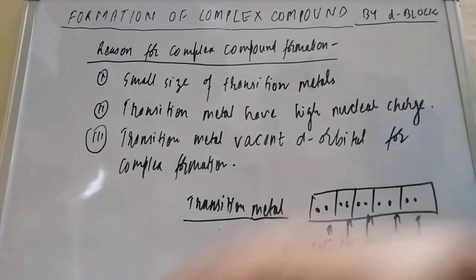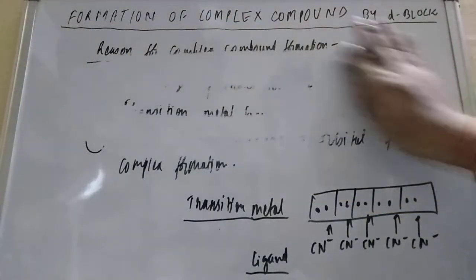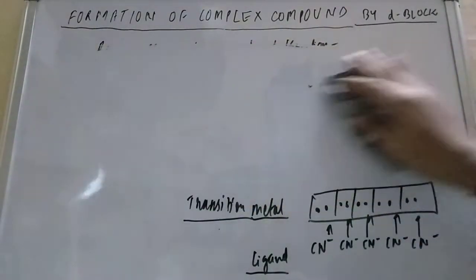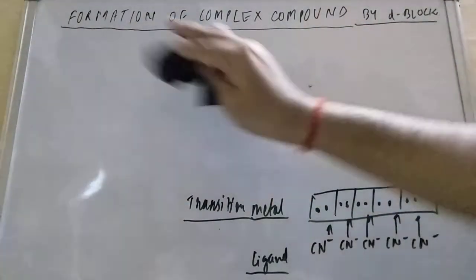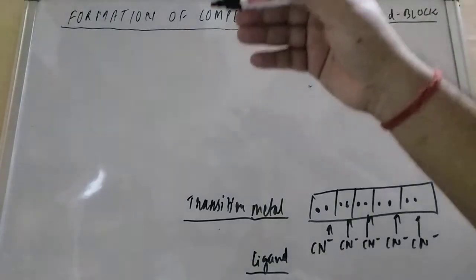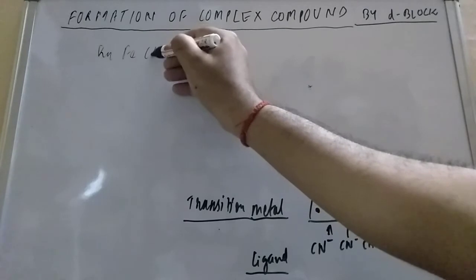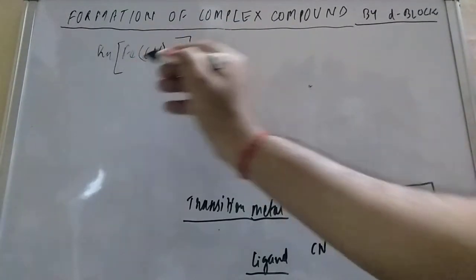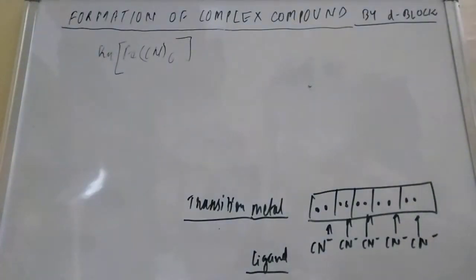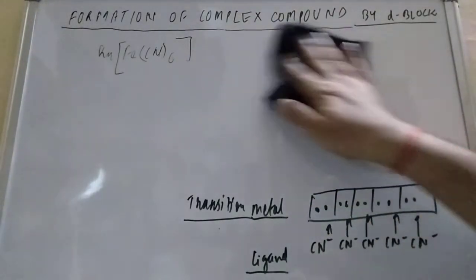Let us try to understand this with the help of a structure. I am taking one example, K4[Fe(CN)6], to explain the coordination compound.